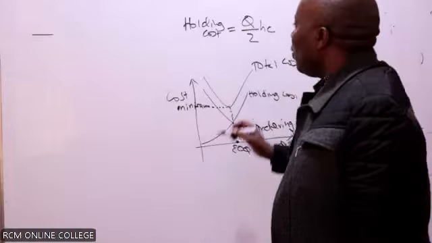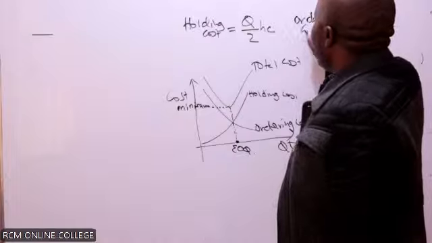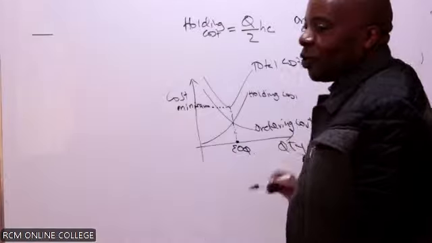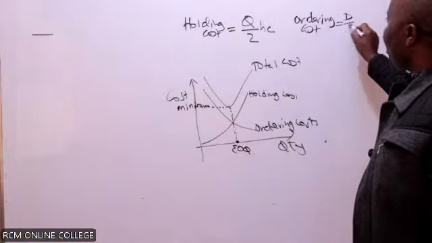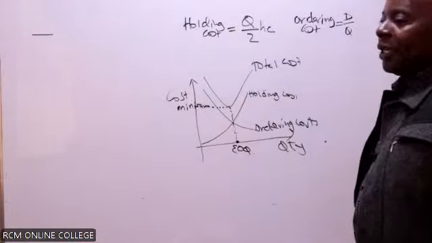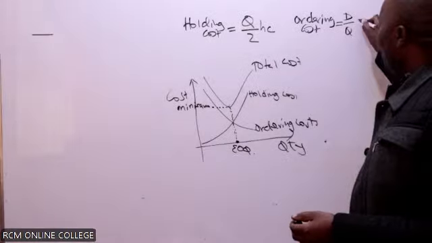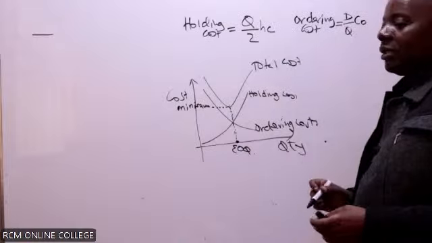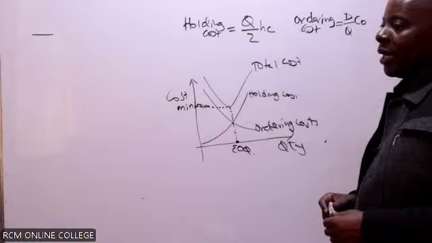Whenever they want me to give them ordering cost, I first have to get the number of orders, which is D over Q. Then ordering cost is D over Q multiplied by CO.